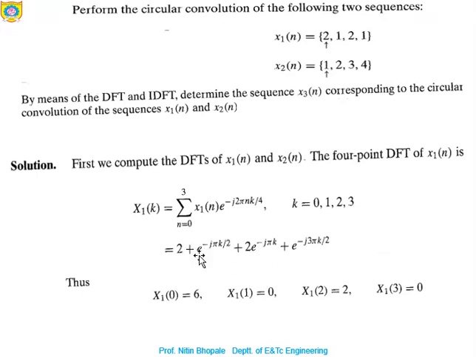Cos pi by 2 is 0, so minus j sin pi by 2 means it will be minus j. Next this term will result in cos pi minus j sin pi. So sin pi will be 0 and cos pi will be minus 1. So this is how the next term will be calculated and we will get x1 of 1 as 0.